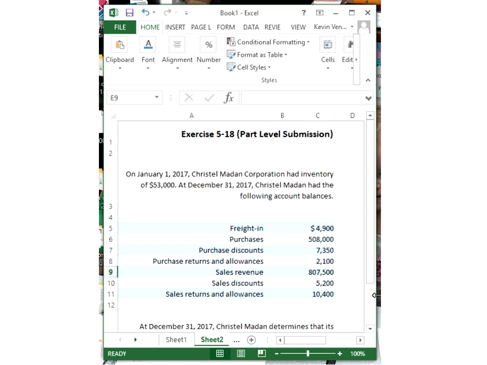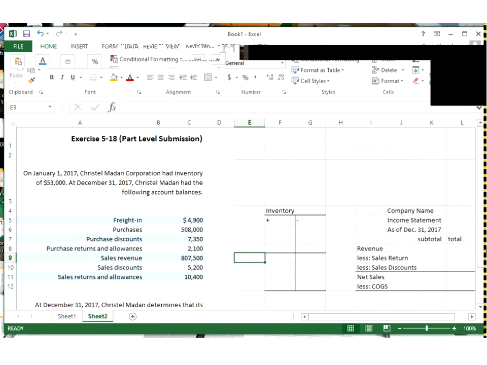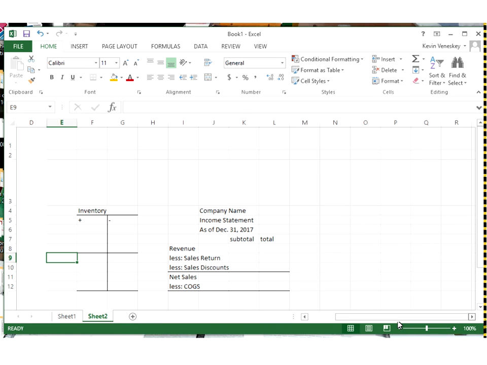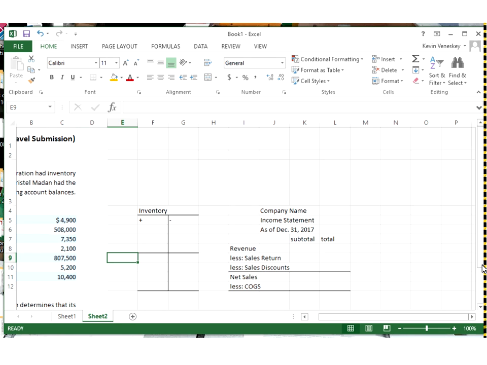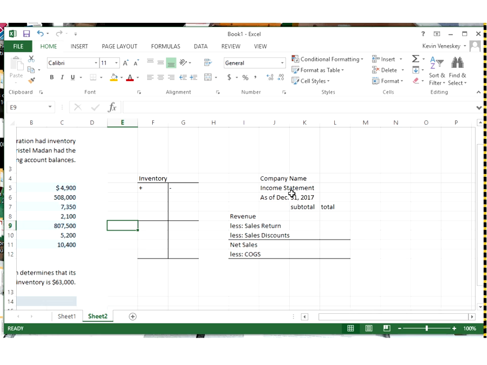So what I've made here, and why I've copied and pasted this into an Excel document, the exercise 5-18, is I went ahead and made a brief income statement for us to look at and kind of refresh on where does gross profit even come from. So I have up here the company name and then a real basic income statement.